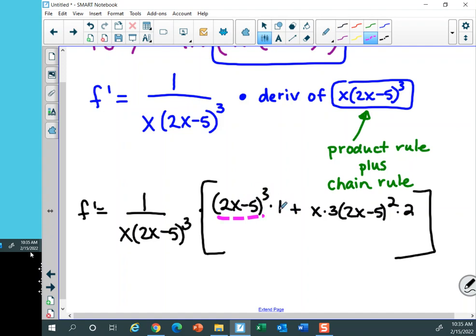The derivative of the x is 1, and then the x, and then the derivative of 2x minus 5 quantity cubed is 3 times 2x minus 5 quantity squared times the derivative of the inside, which is 2. So it's all of this stuff times this.